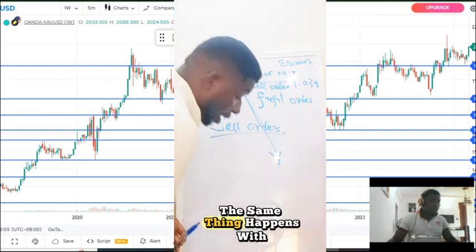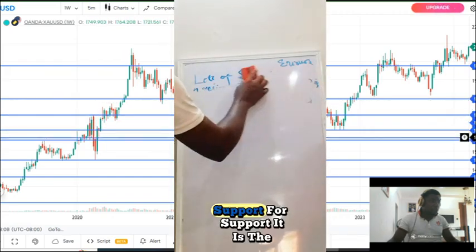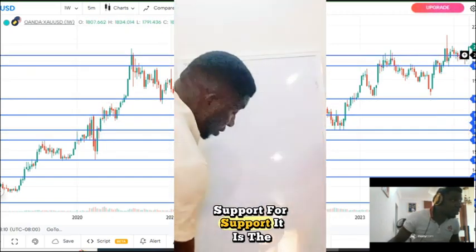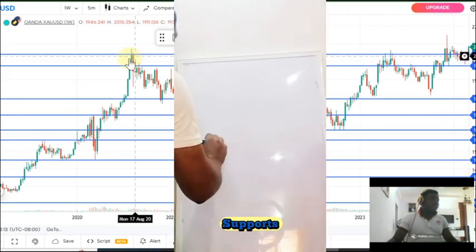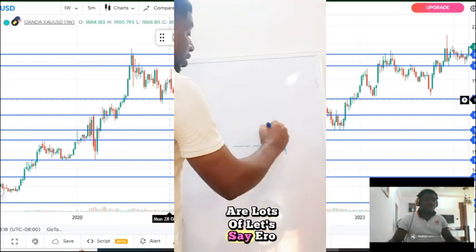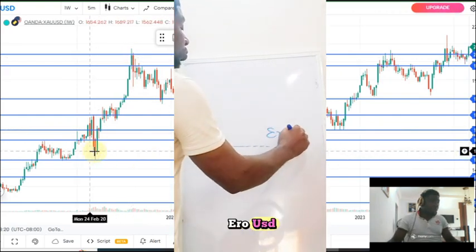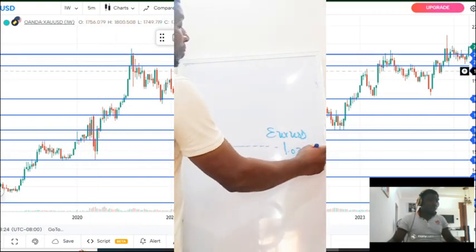The same thing happens with support, but it is the opposite. Let's say at this point, on EUR/USD, there are lots of buyers.